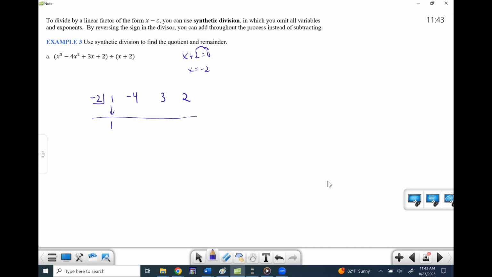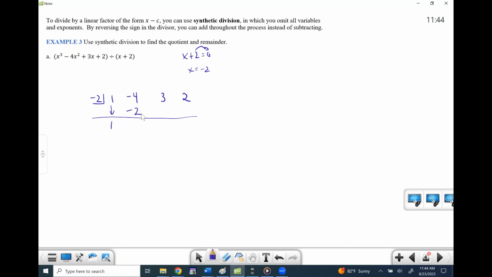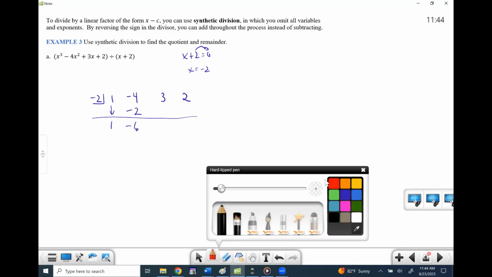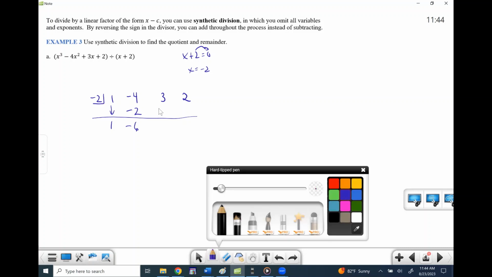So we're going to multiply these two numbers by each other. Negative 2 times 1 is negative 2, so we put negative 2 right here, and then we add downward. Negative 4 plus negative 2 is negative 6. Now we multiply these two: negative 2 times negative 6 is 12, so we put a positive 12.